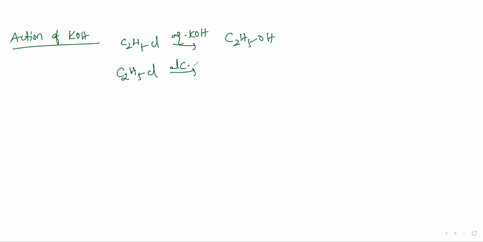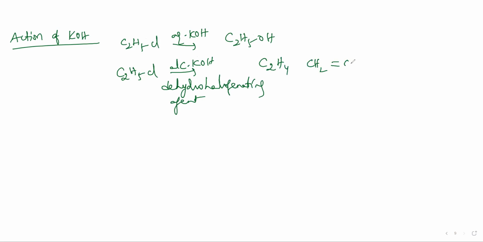If it is alcoholic KOH, what is its role? It acts as a dehydrohalogenating agent. Both hydrogen and halogen are eliminated, and you will get C2H4, that is CH2=CH2, an alkene.